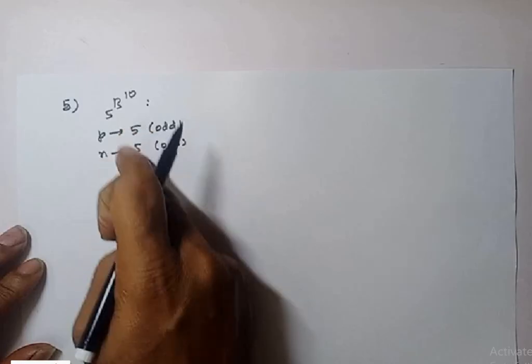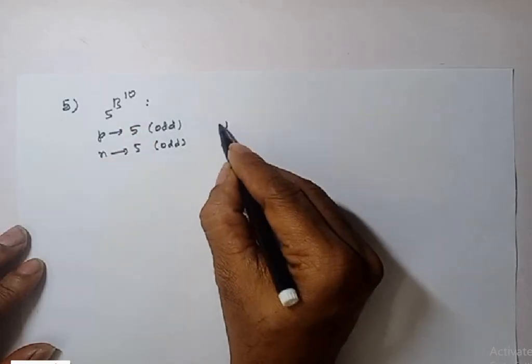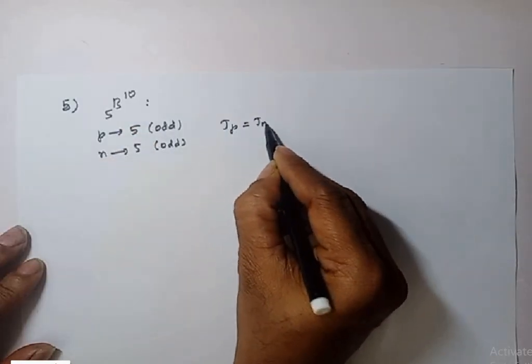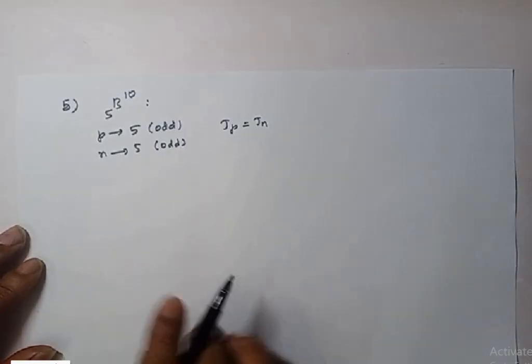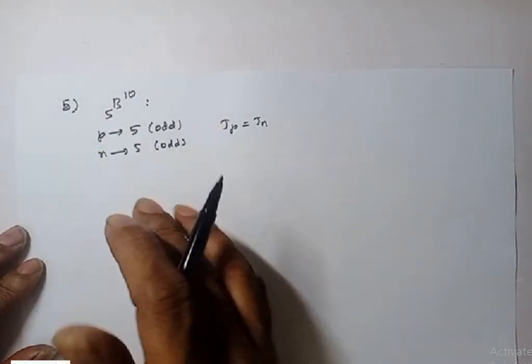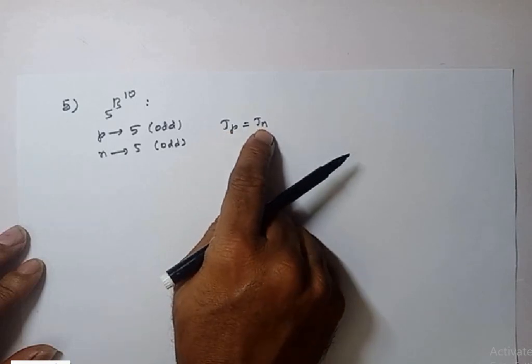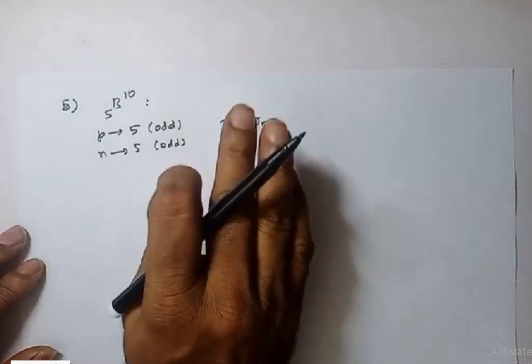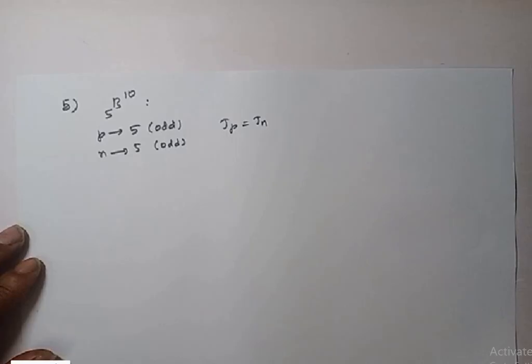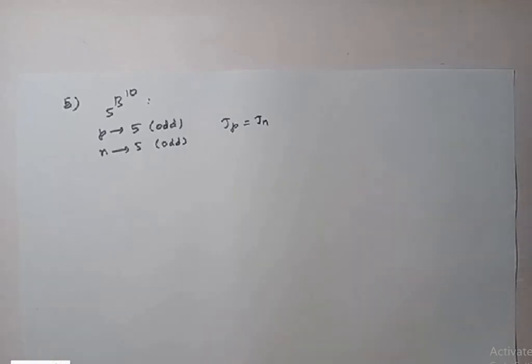Since both are equal, JP and JN are equal. The total angular momentum due to protons and due to neutrons comes out equal. If JP and JN are equal, I have given you a formula: there is a range.